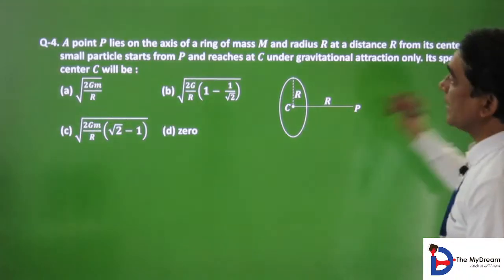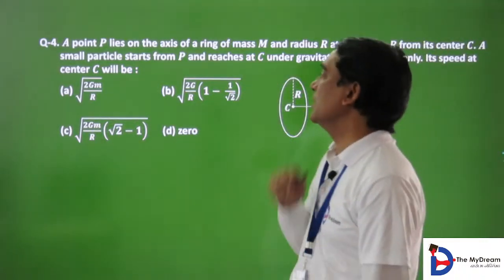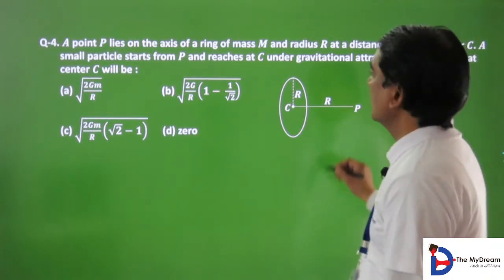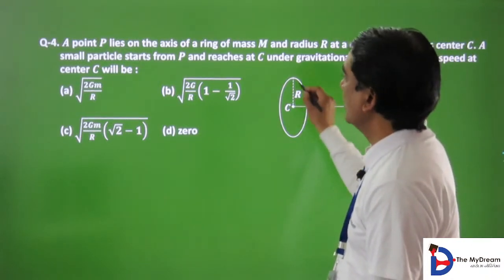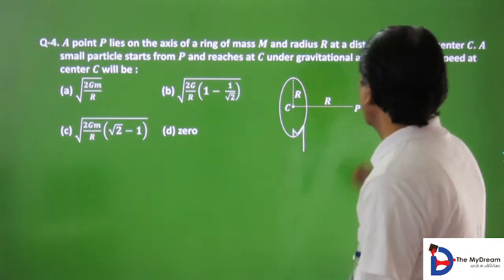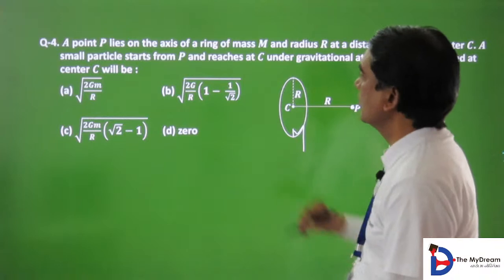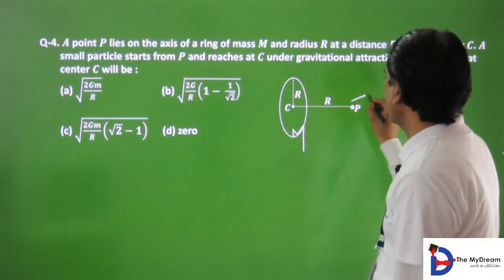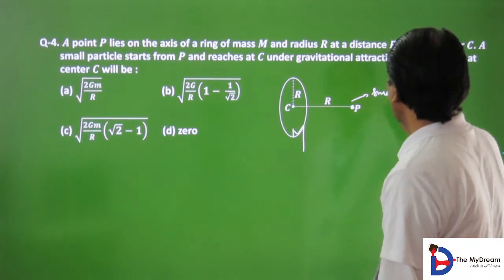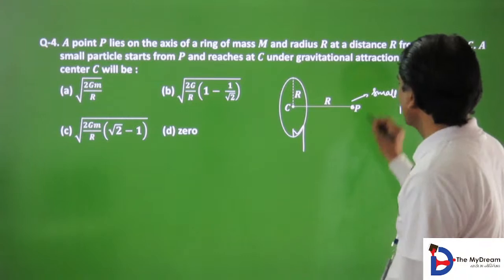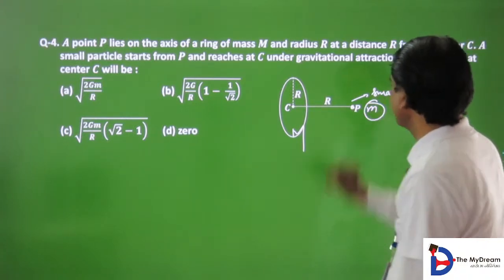Its speed at the center C will be. So first of all, this is the ring of mass capital M. Here a small particle of mass small m.